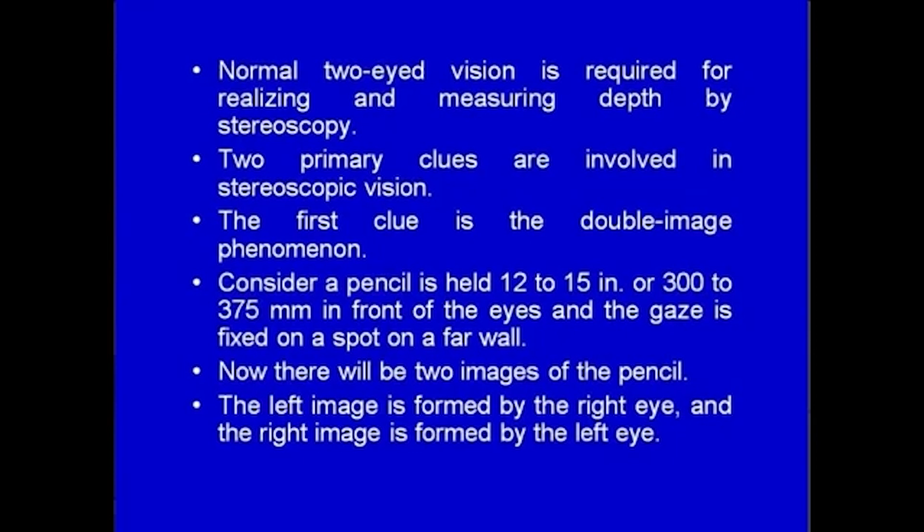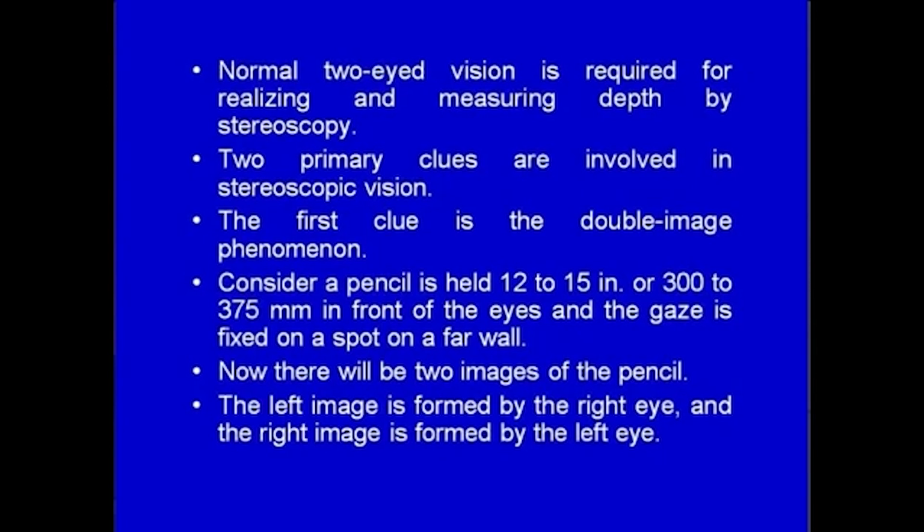Consider a pencil is held 12 to 15 inches or 300 to 375 millimeters in front of the eyes and the gaze is fixed on a spot on a far wall. Now, there will be two images of the pencil.